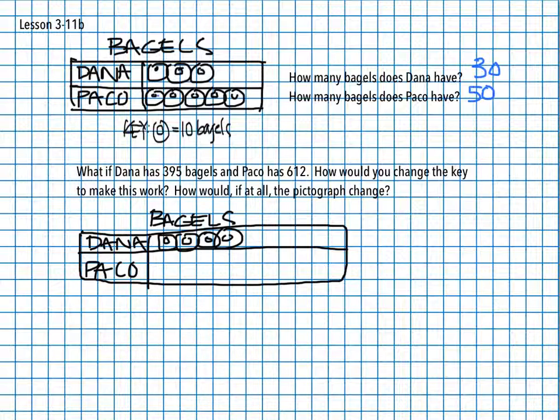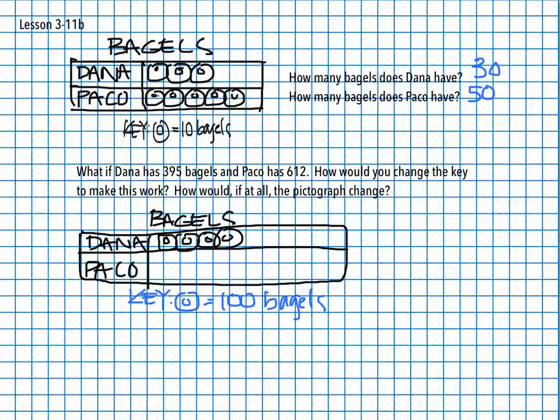But what I'm going to do is change my key. I'm going to say 1 bagel drawn is equal to 100 bagels. Now, here's the thing. Dana is not quite to 400, but because we're really close and kind of rounding, I can just write 400.